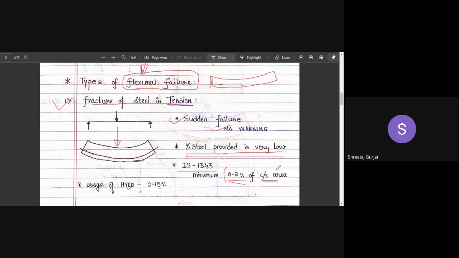And regarding HYSD bars, if you are using HYSD bars, you can go down to 0.15% of your cross section B into D. This is the minimum criteria.